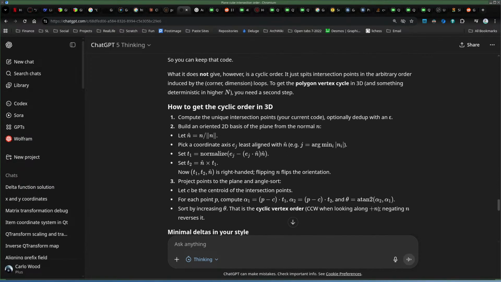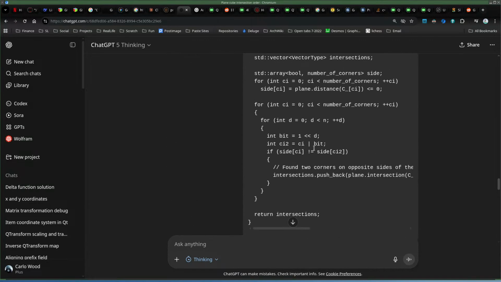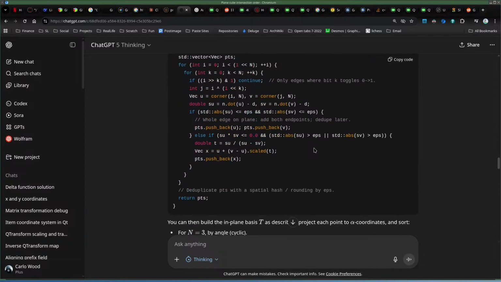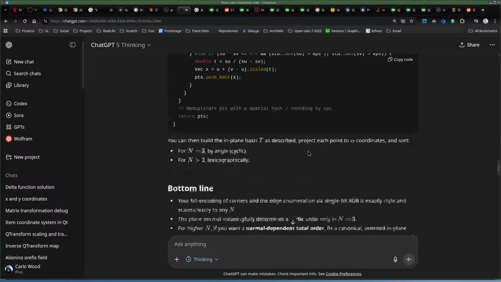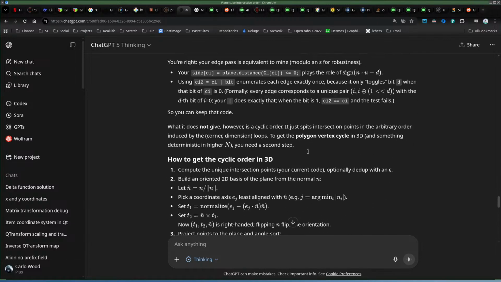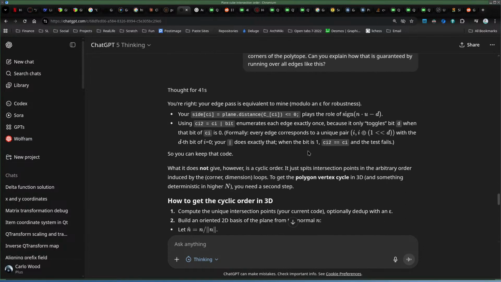You need a second step. So the code that the AI gave here is also not cyclic. So I'm completely right to say I don't understand why this would be cyclic, and I'm pretty sure it implied that. But okay.